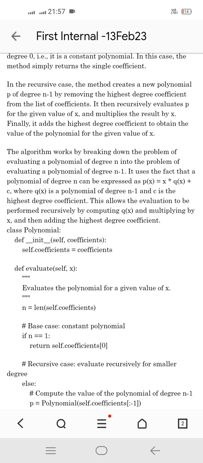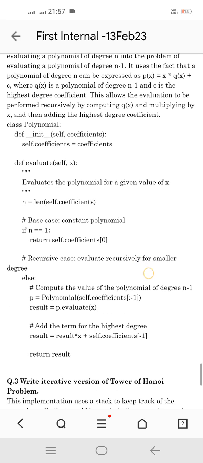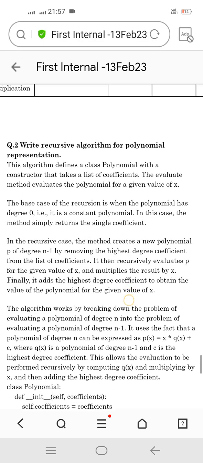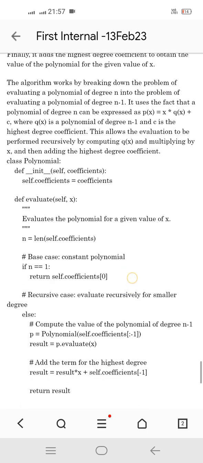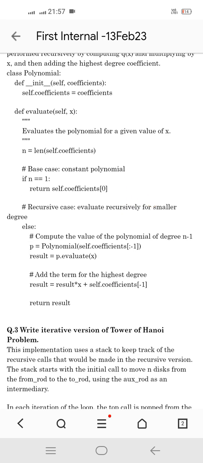This allows the evaluation to be performed recursively by computing q of x, multiplying by x, and then adding the highest degree coefficient. And here is the recursive algorithm for polynomial representation.